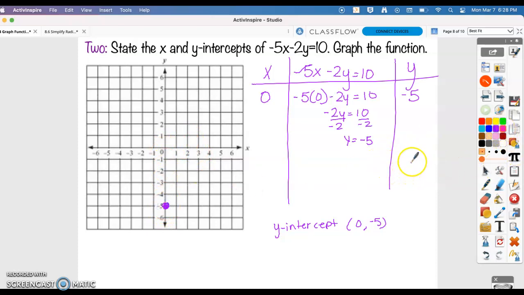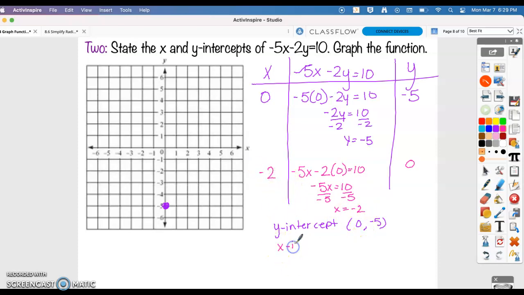Okay, now I'm going to plug in a 0 for y. So negative 5x minus 2 times 0 equals 10. Negative 2 times 0 is just 0. So we have negative 5x equals 10. Multiplied by negative 5, so we have to divide. X is equal to negative 2. 10 divided by negative 5 is negative 2.